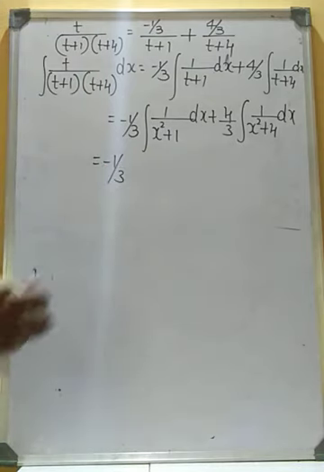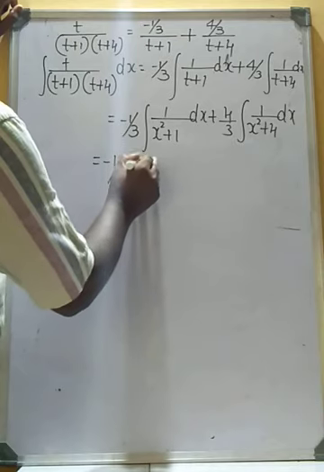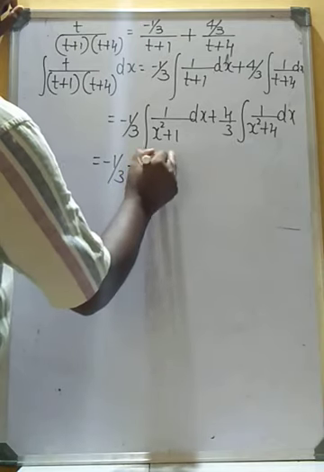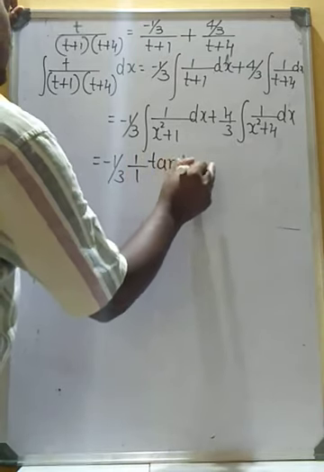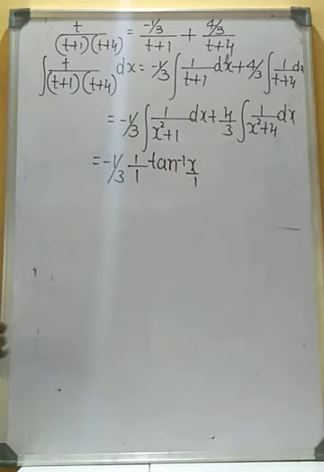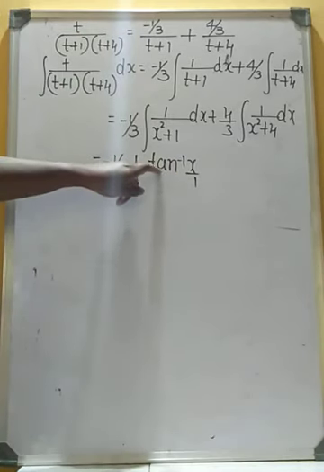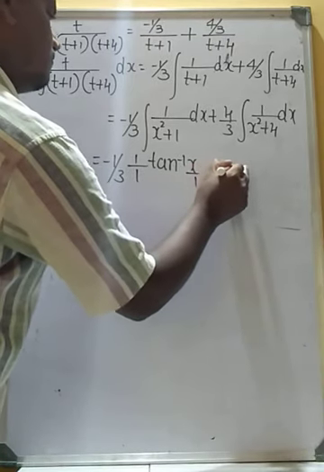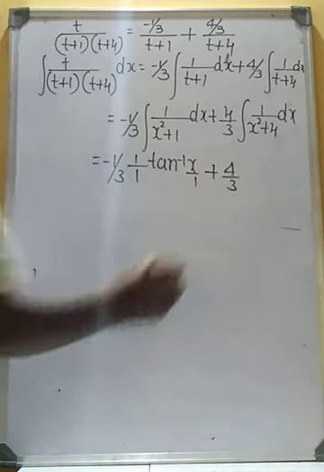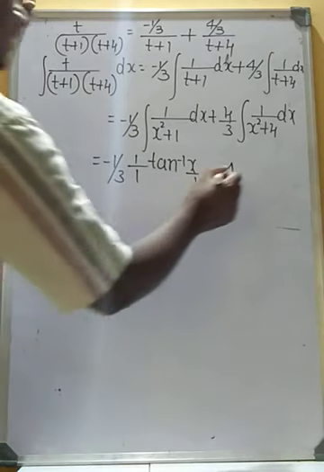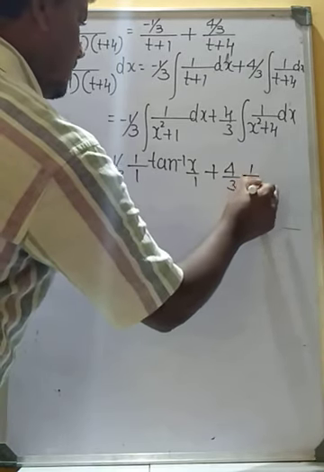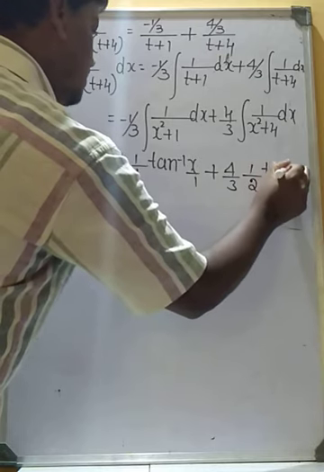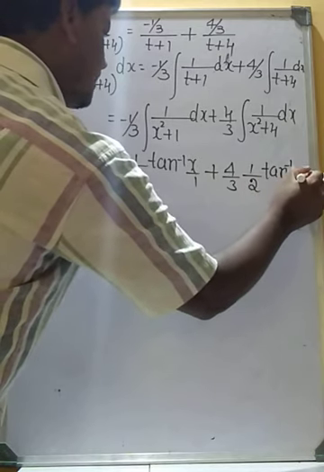Equals minus 1 by 3 integral of 1 by x square plus 1, that is 1 by a into tan inverse of x by a, that means 1 by 1 into tan inverse of x by 1, plus 4 by 3, also can be written as 1 dividing by 2 into tan inverse of x by 2.